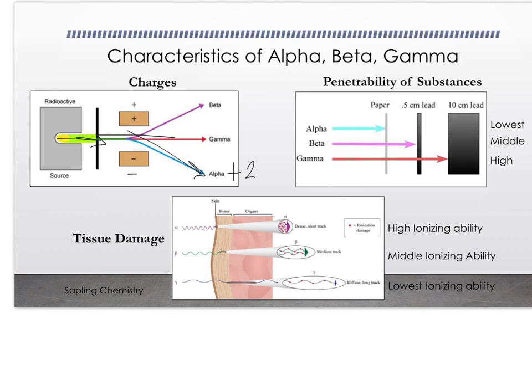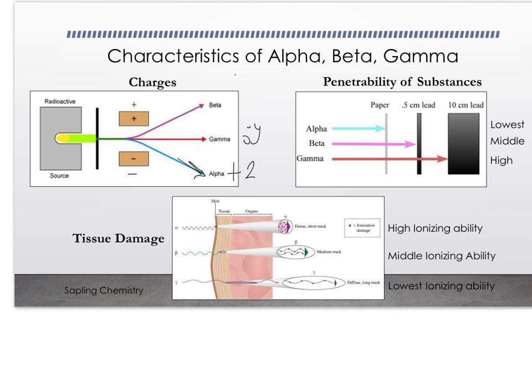The gamma, since it has 0 charge and 0 mass, was not affected by either magnet, so it just had a straight projectile. And your beta has a -1 charge, equivalent to an electron, so it was attracted to the positive magnet and repelled by the negative side.